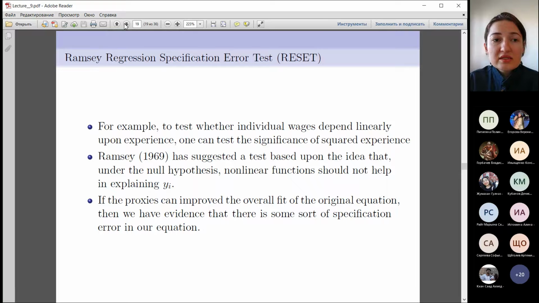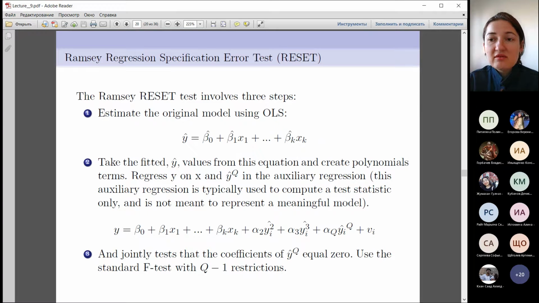Let's take a look at the steps of this test. They are really very easy. First of all, you just need to run your original model using the ordinary least squares method.